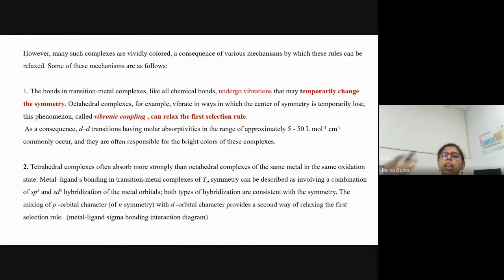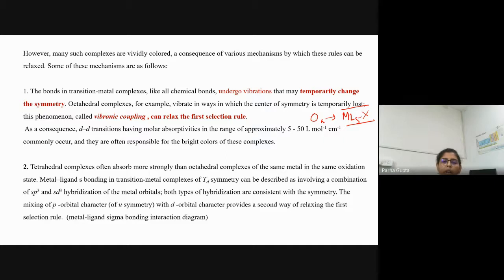So a highly symmetrical octahedral changes a bit, or if you have, let's say, ML5X or something, you know that the symmetry changes, and in that case this selection rule is a little bit relaxed, and the transitions become a little bit allowed, and also you can see the bright colors of these complexes.